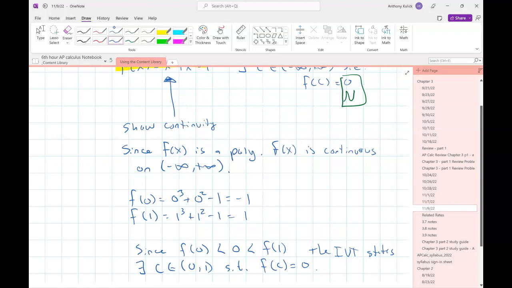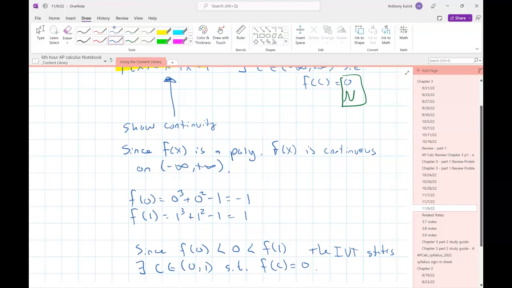Is that okay, Luke? So if you want to show that a function takes on a specific value for y, or want to show that a certain value for x can give you a certain value for y, the IVT is the tool that you'd use.